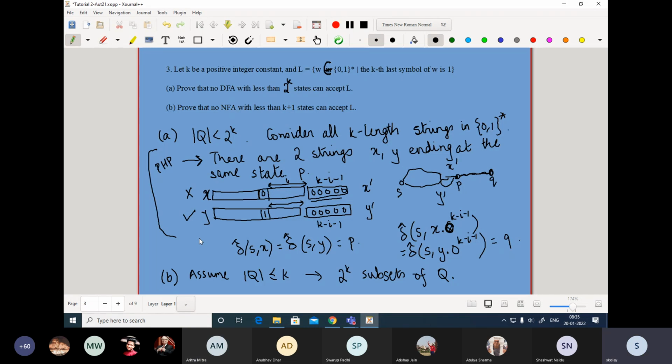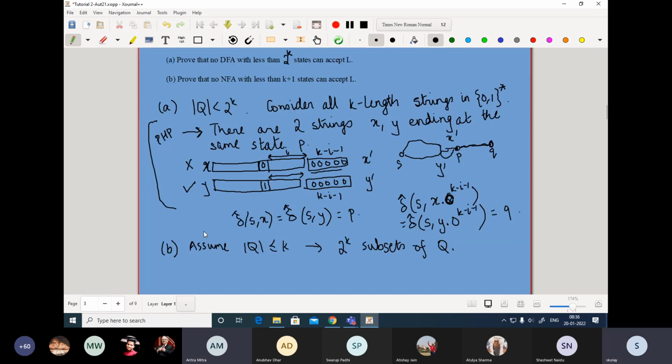In the 2 to the power k subsets, we create a DFA, and if we find that there are some unreachable states, then the number of reachable states is less than 2 to the power k, and we are done.